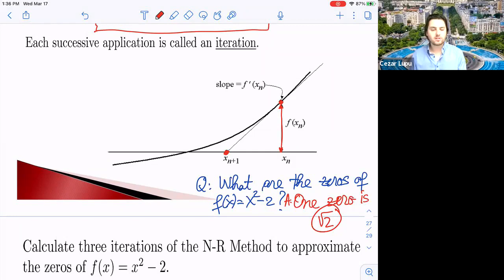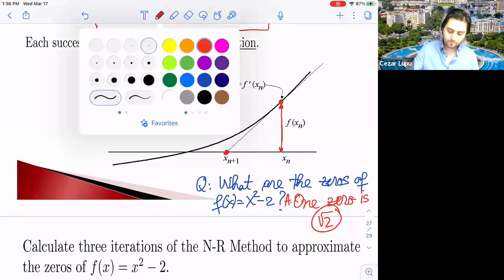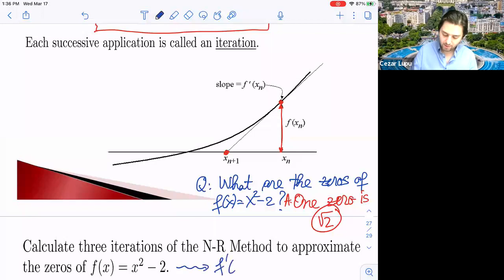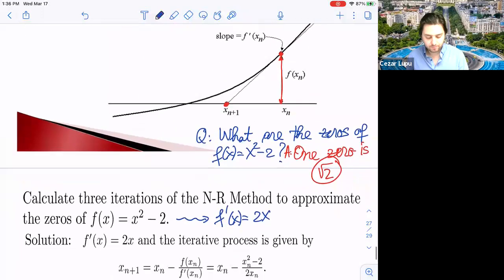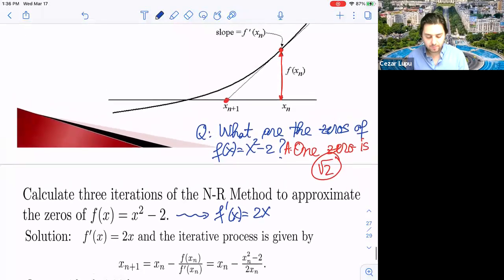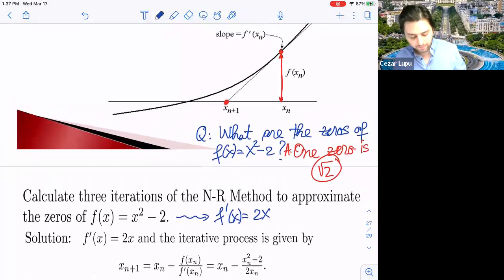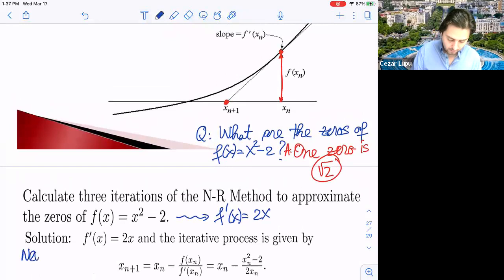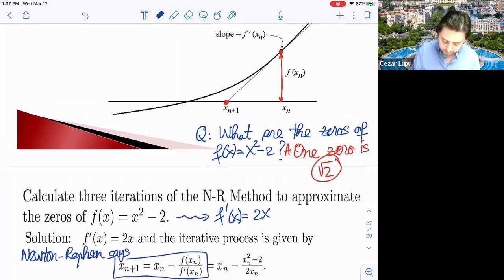All right, so let's see. First, let's compute the derivative. The derivative of this, f prime of x, is nothing else than just 2x. It's x squared minus 2, prime, but 2 prime is 0, so it's 2x minus 0, which is 2x. Okay, great. Now let's put x1 to be 1 as the initial guess. And let's not forget that the Newton-Raphson method says that we have this recursion here, because we're going to use this method.